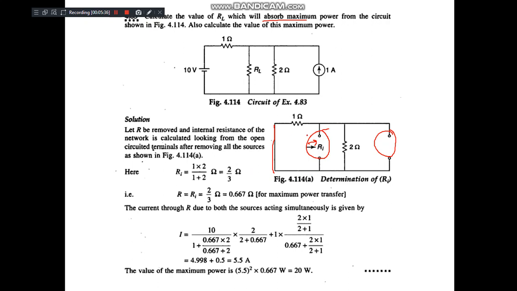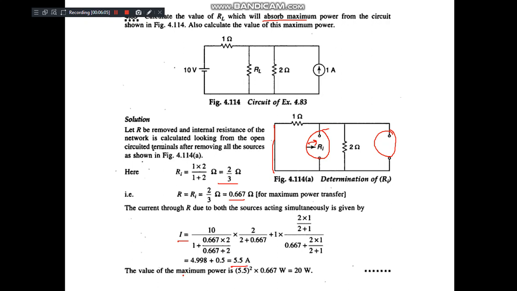Once it is open, these two are in parallel, so this is the internal resistance of the circuit, that is 0.667 ohm. To get the total current here, it is the supply voltage 10 divided by 1 plus the internal resistance, with the 2 in parallel. So the total current is 5.5.